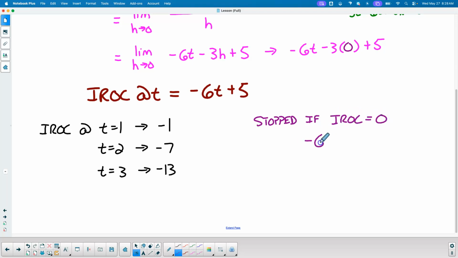So negative 6t plus 5 equals 0. Negative 6t equals negative 5. So t then would have to equal 5/6. So at 5/6 of a second, it stopped.